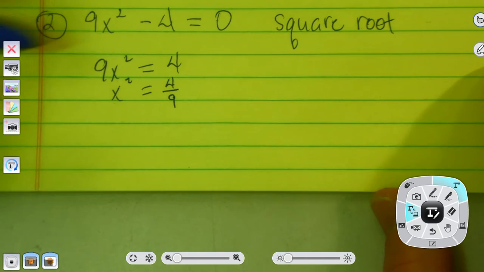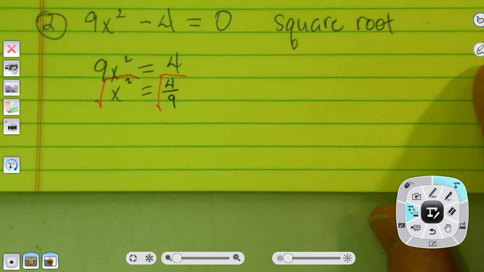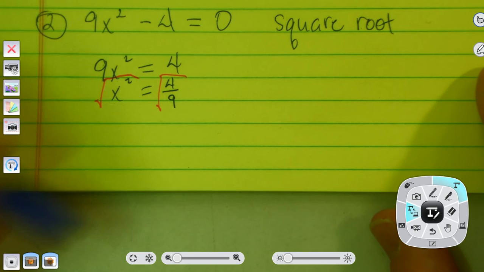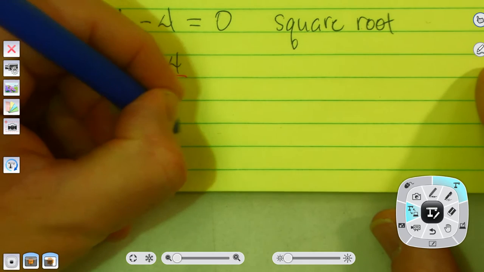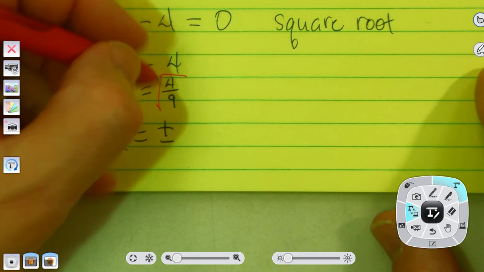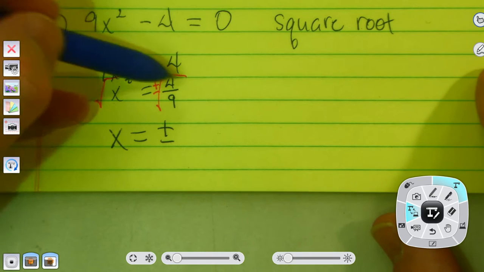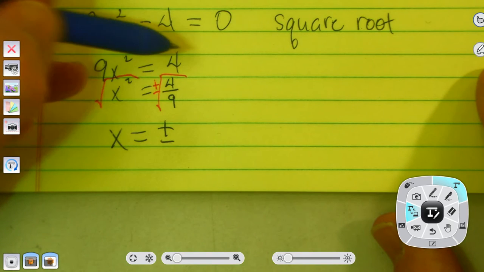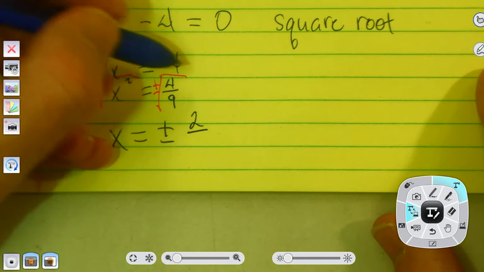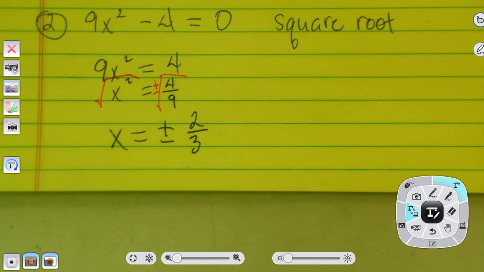As I learned before, I now want to take the square root of both sides. So when I do that, x will be equal to, and remember when I take the square root of both sides, I also get a positive and a negative result. The square root of 4 is 2. The square root of 9 is 3. So my solution here is x is equal to plus or minus 2/3.